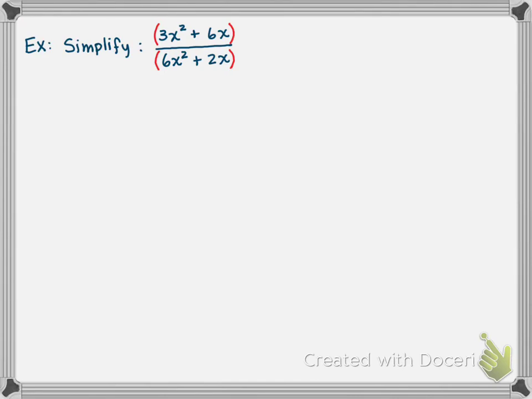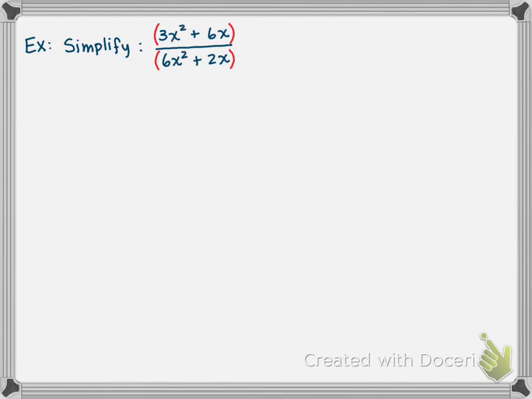Once you have a set of parentheses, the only way you can cancel is if you cancel the entire thing. So the only way we'd be able to cancel at this point is if everything in the parentheses was the same and we're crossing off both of them. So whenever there's addition or subtraction, I put parentheses around it to help me remember that I can't, for instance, cancel this x squared because that's within a set of parentheses. I can only do whole factors.